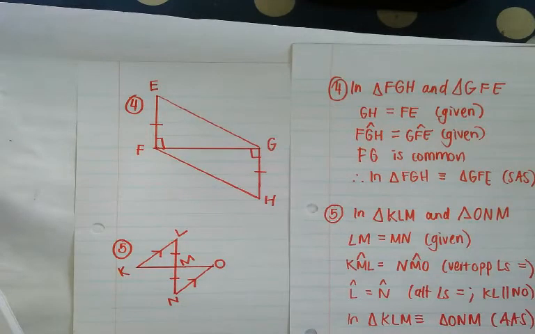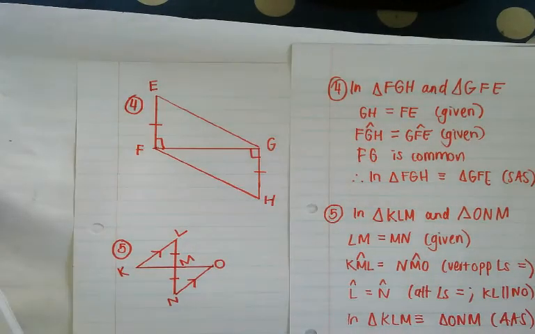But you match it to KLM. So, okay, let's look. When I look at my triangle, I look at my information. So these 2 are vertically opposite and we know they are equal. So when I name the triangles, M must be in the same space. Then L is at the end of the one line and N is at the end of the one line, so L and N are on the same corresponding sides of the triangle.